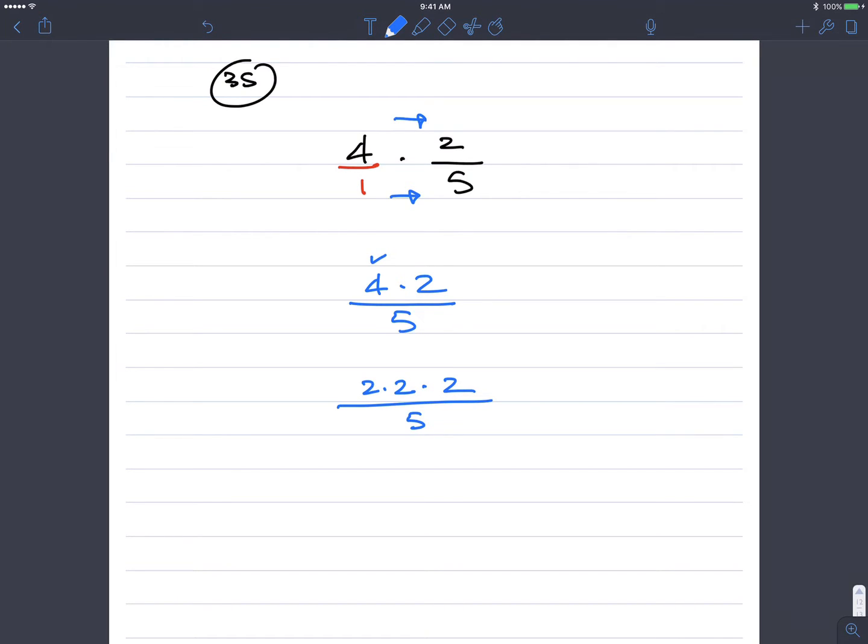So I broke down the 4, I left the 2, and I left the 5. And notice nothing cancels. What this means is, if I multiply all these numbers together, 8, keep the 5, final answer is going to be 8/5. Nothing canceled.